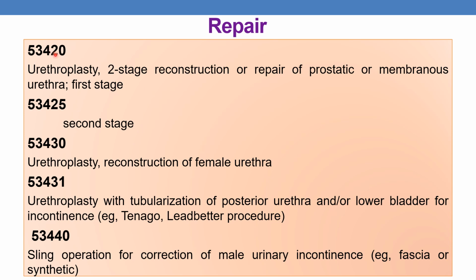The next is 53420, urethroplasty, two-stage reconstruction or repair of prostatic or membranous urethra, first stage. The next is 53425, urethroplasty, two-stage reconstruction or repair of prostatic or membranous urethra, second stage. The next is 53430, urethroplasty, reconstruction of female urethra.